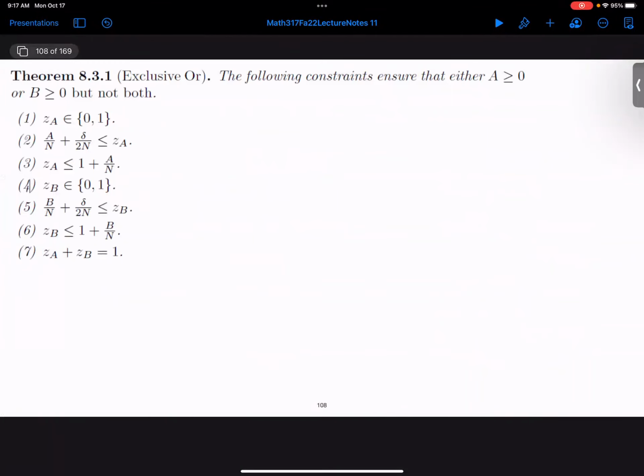All right, so the next is the exclusive OR. Can somebody tell me the difference between the exclusive OR and the inclusive OR? Inclusive is they can both be true. Would you like cream or sugar in your coffee? And what's the exclusive OR?